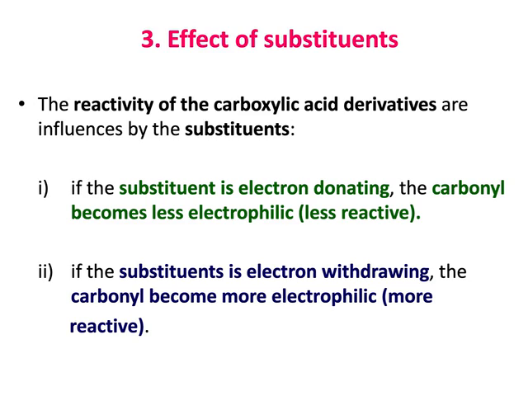In nucleophilic substitution, we want the carbonyl to be more electrophilic so that the nucleophile can attack the C double bond O. If the carbonyl is less electrophilic, it is very difficult for the nucleophile to attack. If the substituent is electron withdrawing, the carbonyl becomes more electrophilic and more reactive, which means it is easier for the nucleophile to attack the C double bond O.